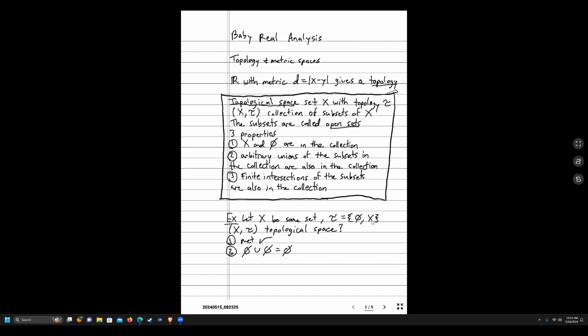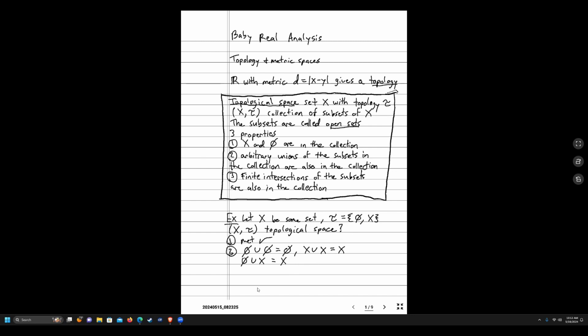You could do X union with itself, but that's just X, and that's also in our collection. Or you can do the empty set union with X, and this is going to be X, which is in our collection of subsets. All right, so these are the possible unions you can do, because there are only two things.